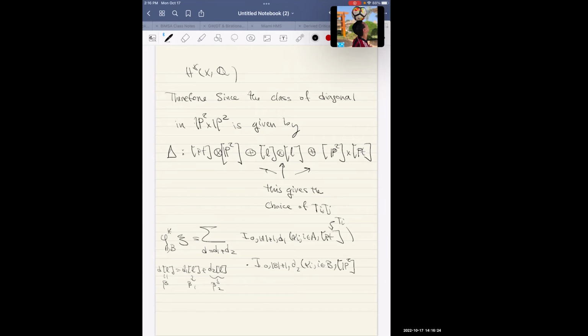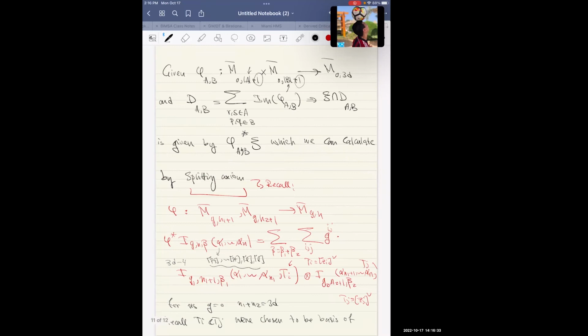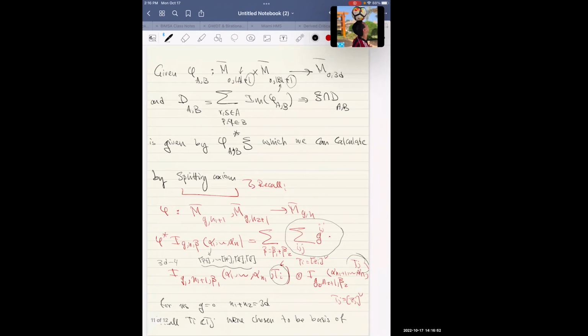Okay, that's it. Now pay attention. We said this splitting axiom is summing over all possible I's and J's, summing over all possible choices of Ti and Tj, as long as they sit in the diagonal in twofold cohomology of the ambient variety.